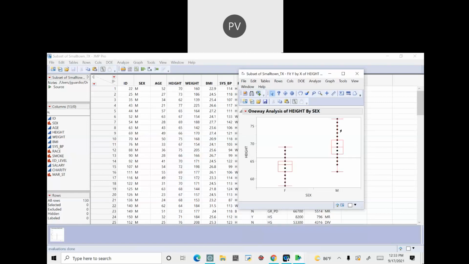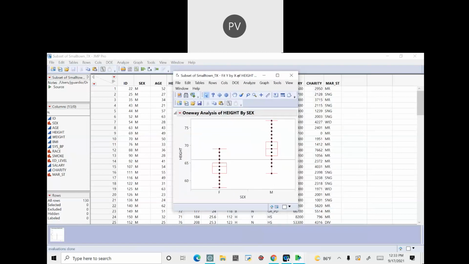Plot. And this is your box plot. This is what you did in your lab 2, right? Parallel box plot.